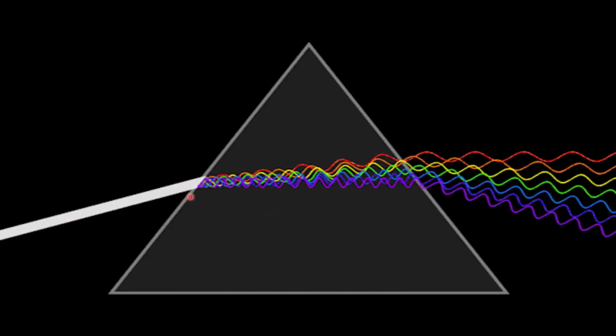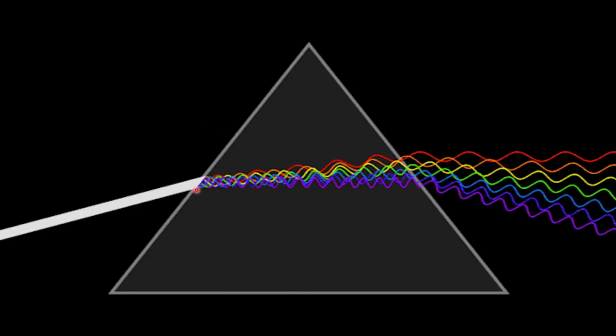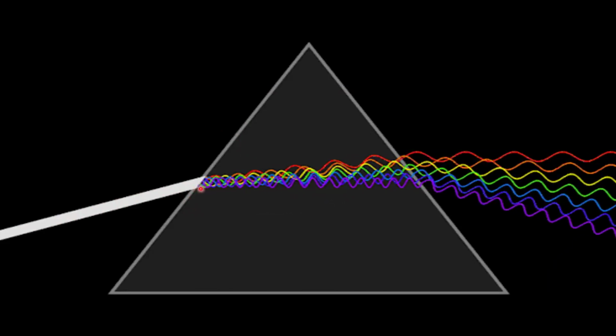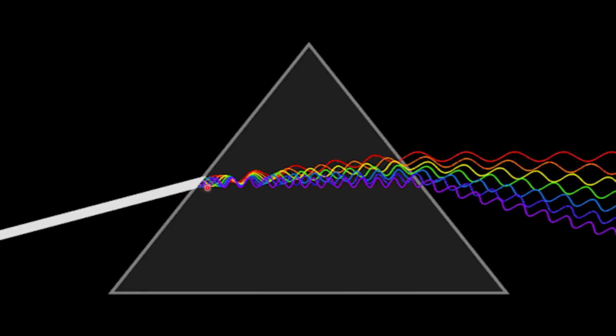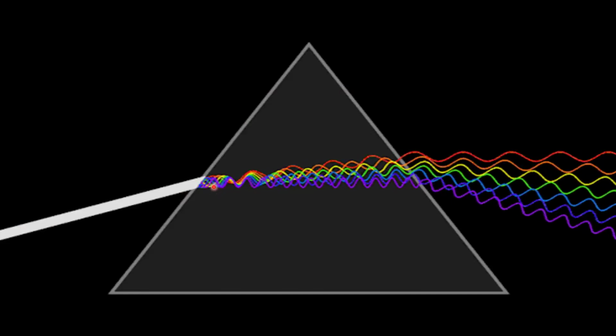Then something interesting is going to happen if it's under an angle. Different frequencies are going to react with the other medium in a different way, are going to be affected in a different way.